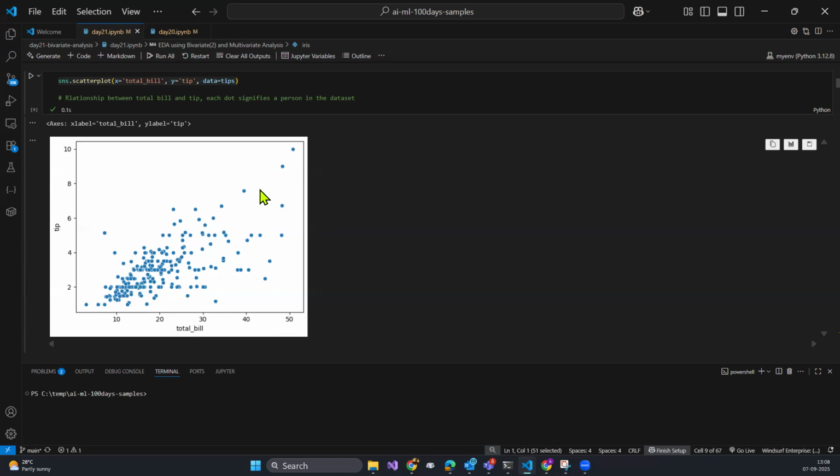This person gave near about $40, and gave 7 point something dollars as a tip. Mostly with this visualization, we are able to see that total bills and tips have a linear relationship, right? Each dot represents a person.